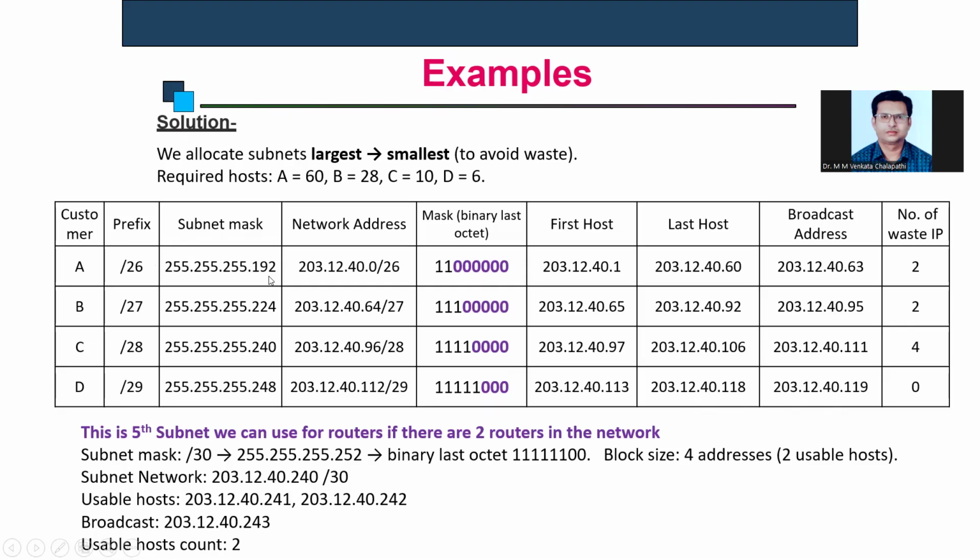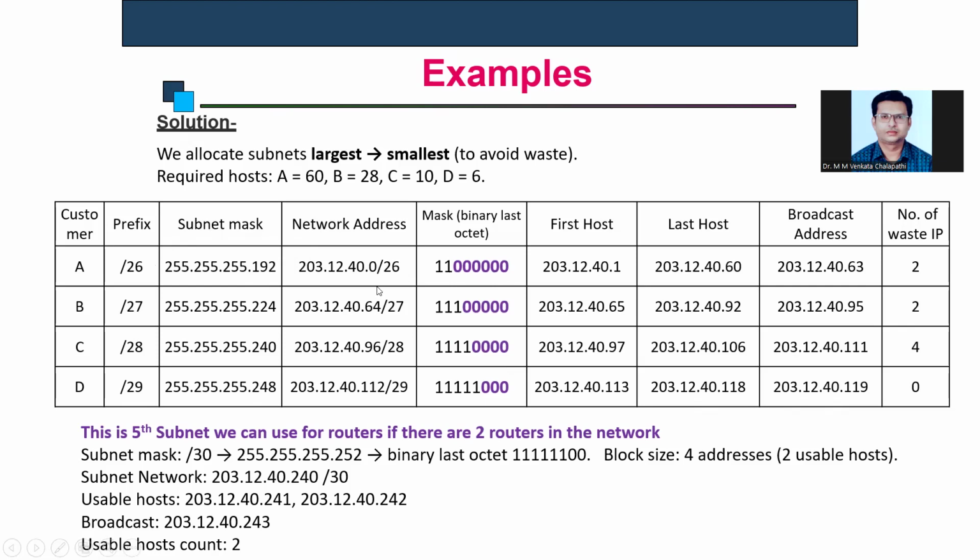And then the network address is the address given to us, that is 203.12.40.0/26, which represents the network address for customer A.